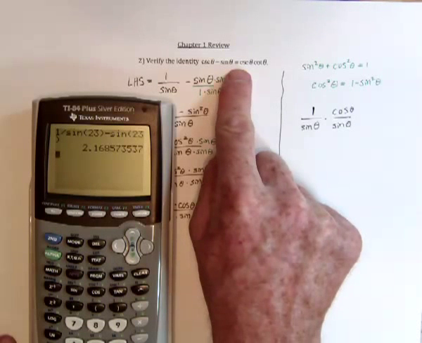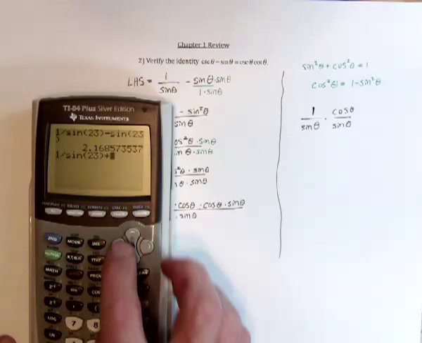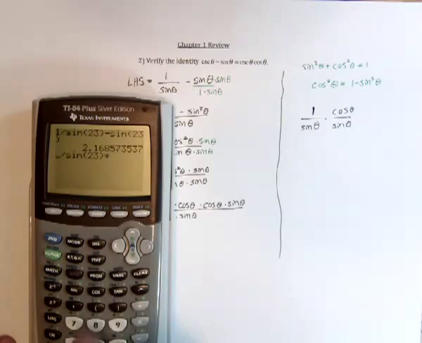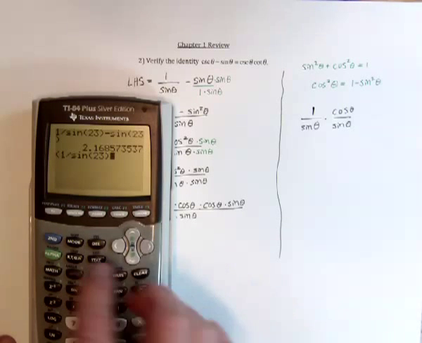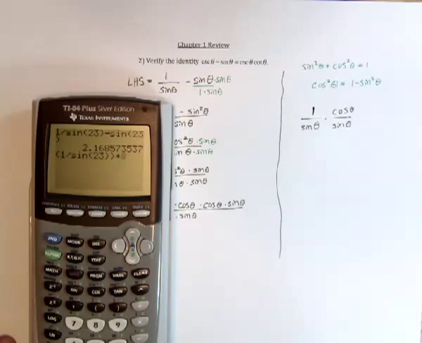Now for cosecant, that's going to be 1 divided by sine of 23. Just to make sure that it's clear, I'm going to put this one in parentheses, take that one, which is cosecant, and then multiply with cotangent, which comes from 1 divided by tangent of 23. And then do we get the same thing, 2.16?